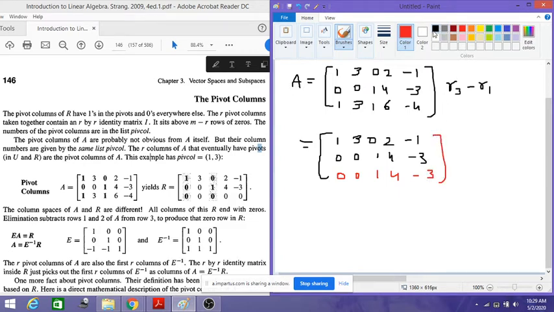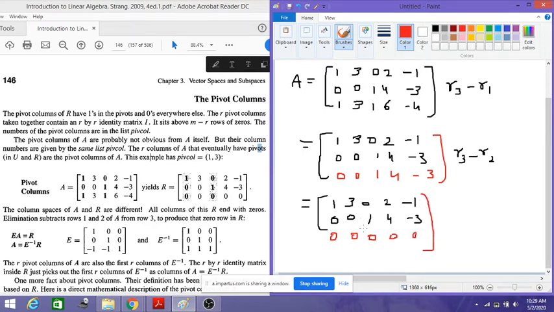and here we will get 4, and here minus 3. So we got this. Now the new row 3 minus row 2 we will do. Then finally we will get 1, 3, 0, 2, minus 1, and 0, 0, 1, 4, minus 3, and then the last row will become 0, 0, 0, 0, 0 entirely.